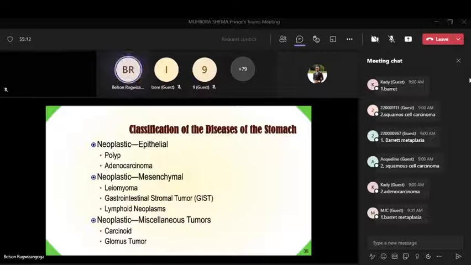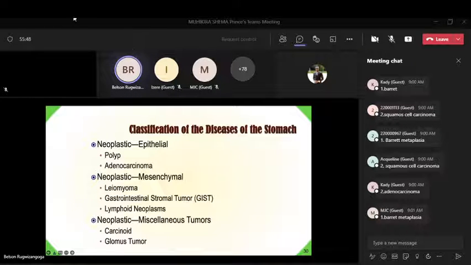It is a treatment to inhibit the tyrosine kinase, one of the pathways used by second messengers when they bring information from the receptor to the nucleus. When there is a mutation in that tyrosine kinase and the patient receives the specific treatment, they have a high chance of being cured. These drugs are available here in Rwanda. Others are lymphomas. There are many lymphomas we see in the stomach.